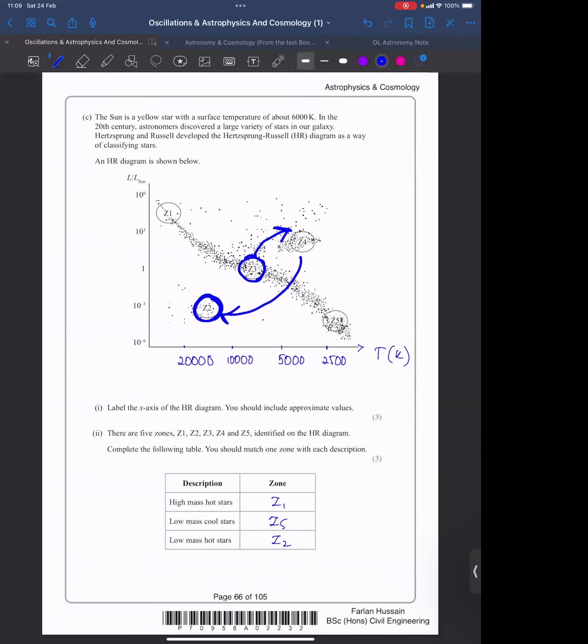The mass of Z2 and Z4 will stay the same. If anything, it can be a decrease, but it can't be more. How can the mass increase? The gravitational force increases and the star becomes smaller, so the mass won't change. Okay, fine.